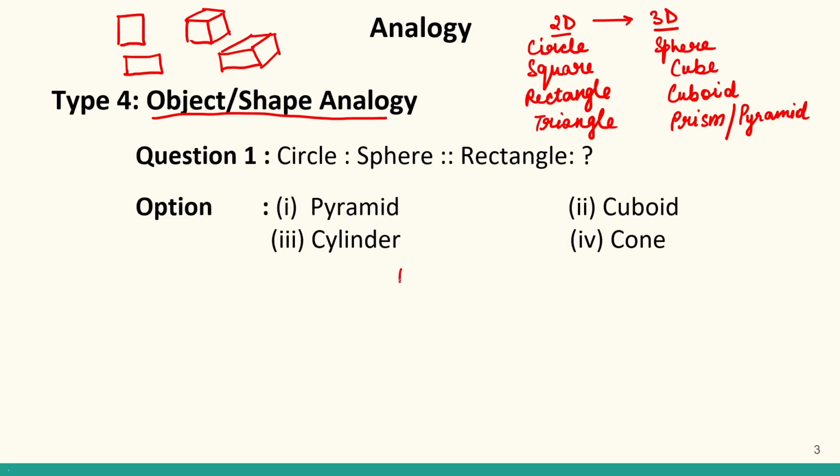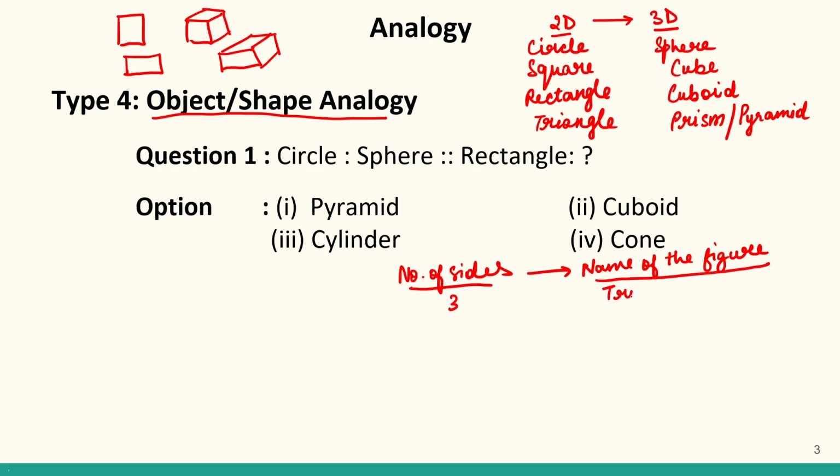Then we also discussed, if we have a certain number of sides, what is the figure called? If a figure has 3 sides, it is called a triangle. Similarly, if a figure has 4 sides, you can call it either a square or a quadrilateral.